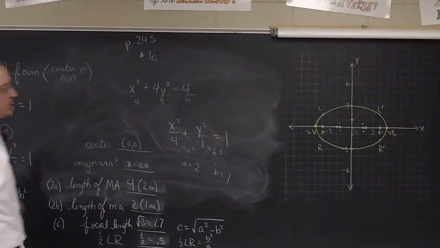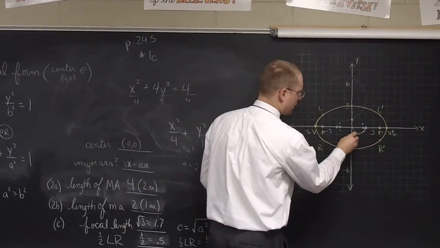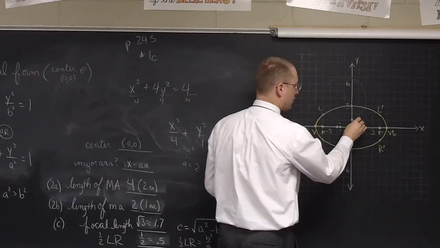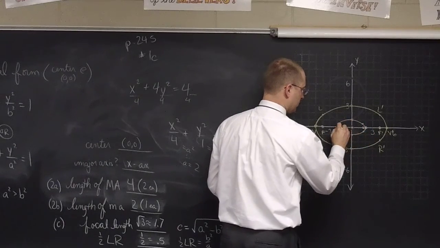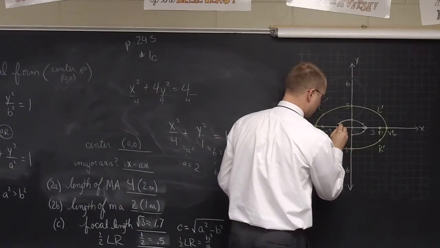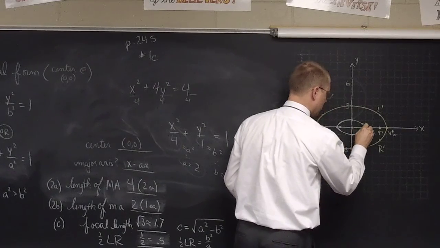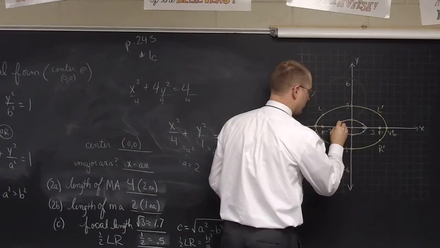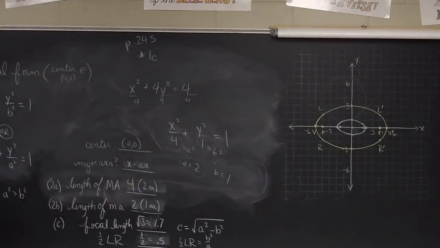Make it a little bit easier to see. And then start at the vertex, curve to the ends like that. I want to kind of retrace the whole thing just to make it look nice and uniform. And there we get our ellipse.